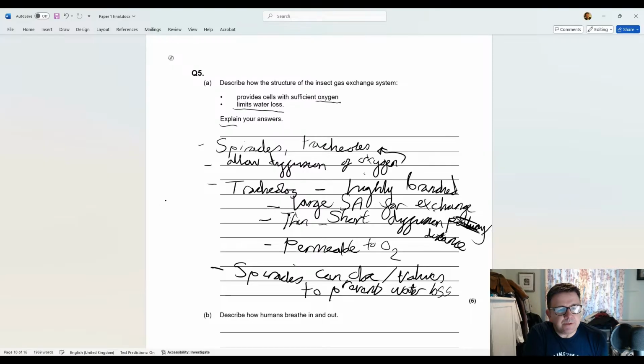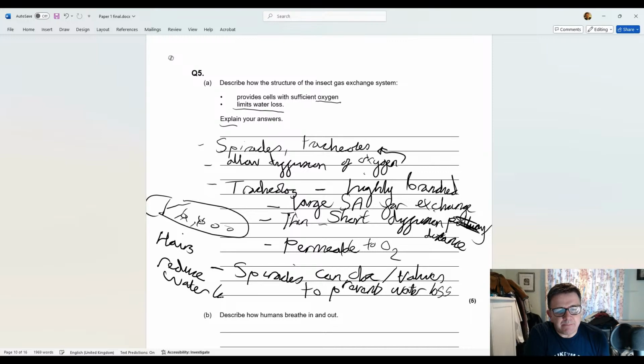So if I draw the abdomen of a bee or a wasp, I don't want to worry you or anything, but the spiracles also have hairs coming out of them. Hairs are quite useful around the spiracles, because that reduces water loss. So hairs reduce water loss. There you go. So there's lots there, but you get the general idea.